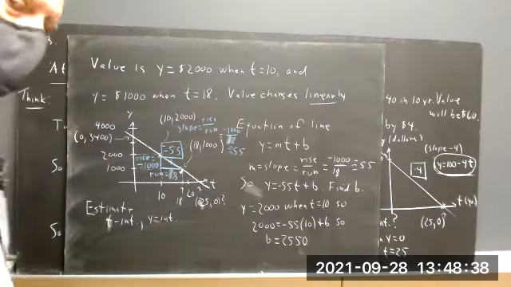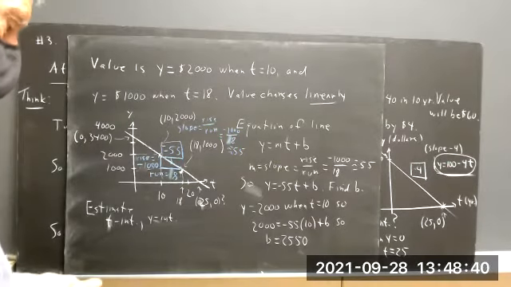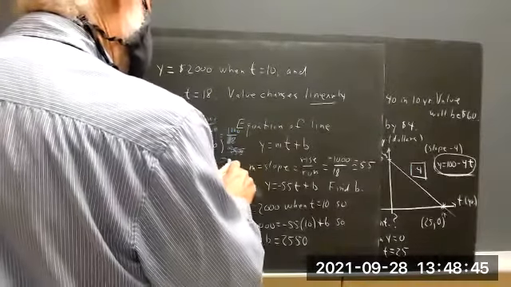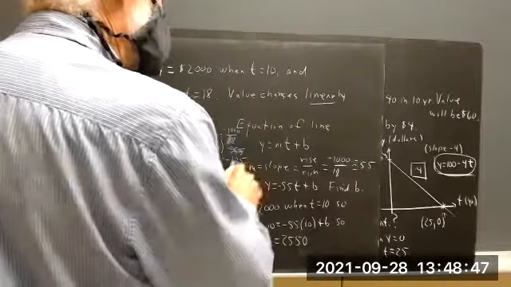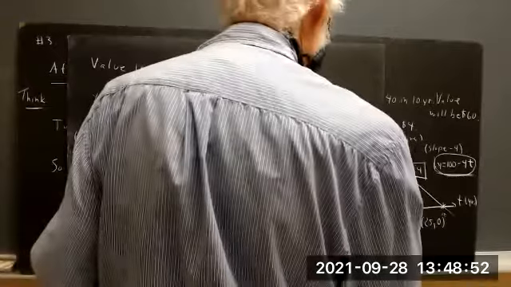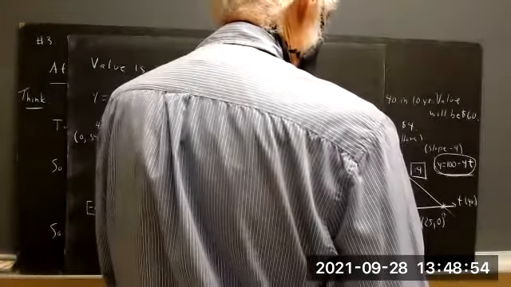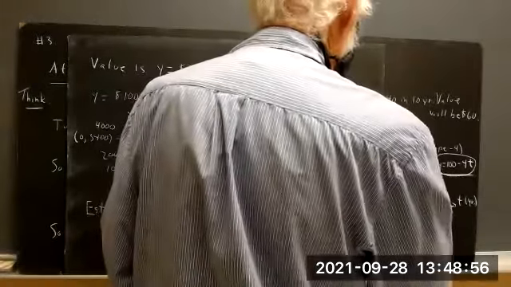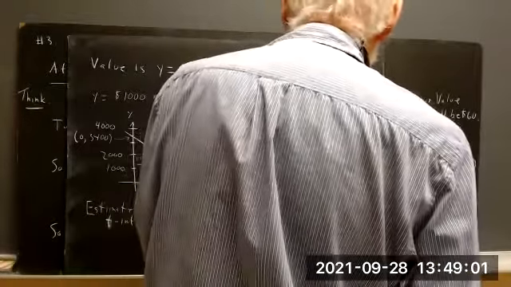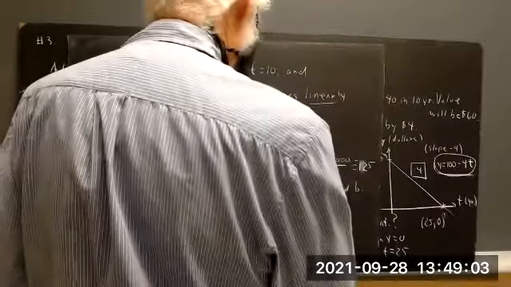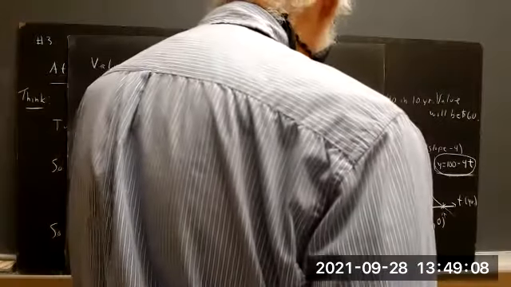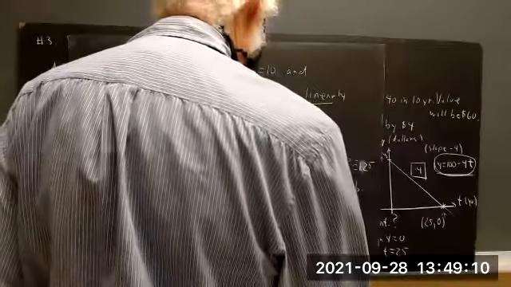And now my slope is, how's that out? -125. So now I can say slope is -125. Y equals -125 T plus B.